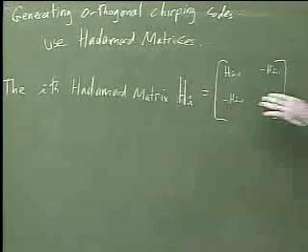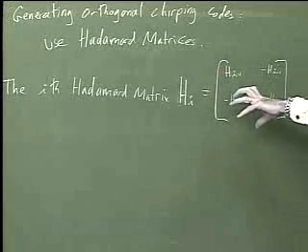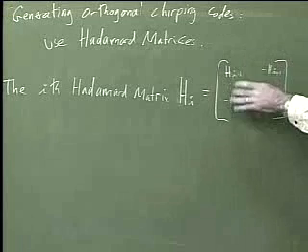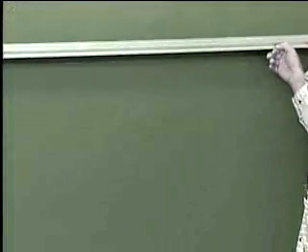So you make the ith Hadamard matrix by taking 4 (i minus 1)st Hadamard matrices and sticking them in and negating 3 of them. So let me show you by an example what I'm talking about.